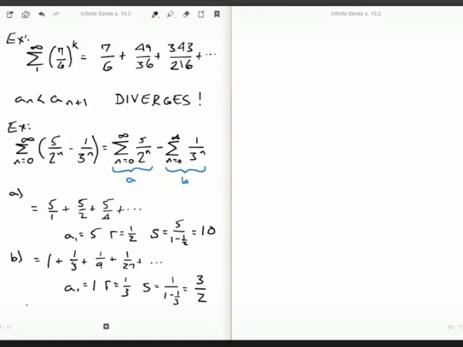So my total sum equals S sub A minus S sub B, which equals 10 minus 3/2, which is really like 20/2 minus 3/2 equals 17/2. Alright, really pushing the limit of our paper there.